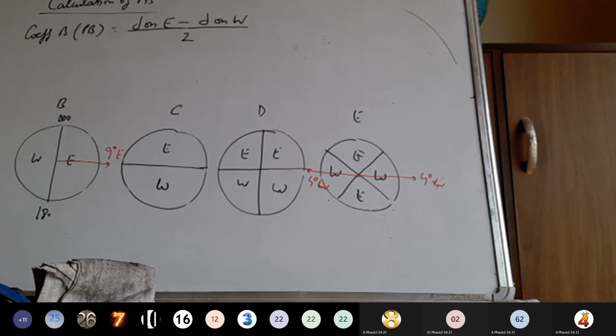I'm repeating again. Suppose the deviation due to coefficient B is 9 degrees east on easterly heading. Then what is the value of coefficient B?